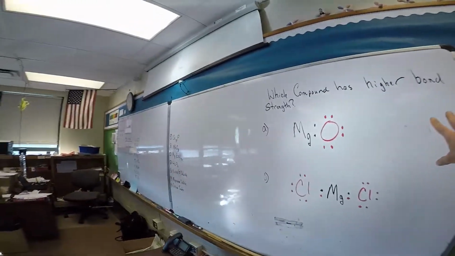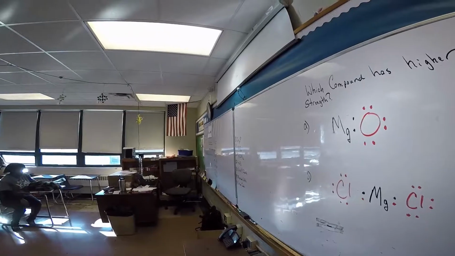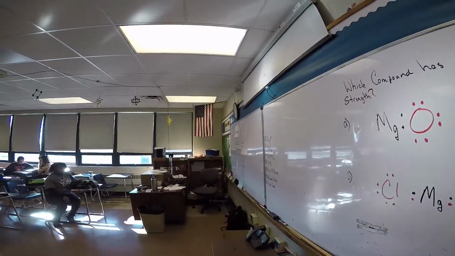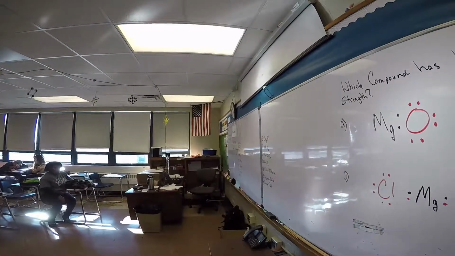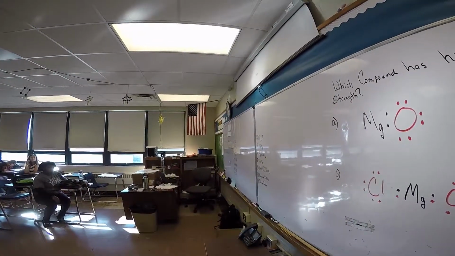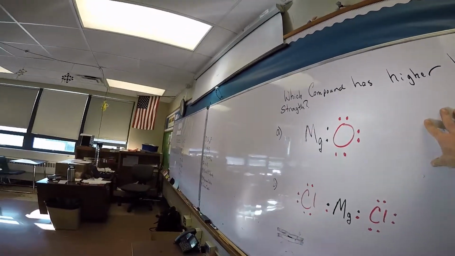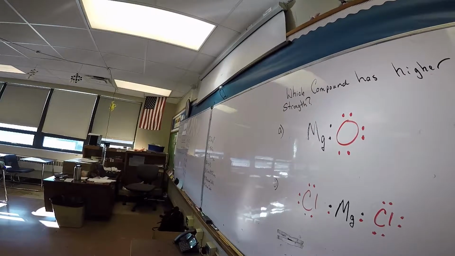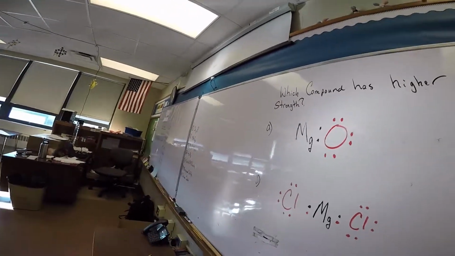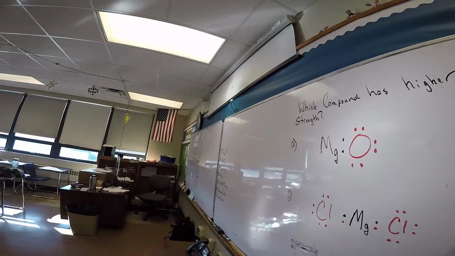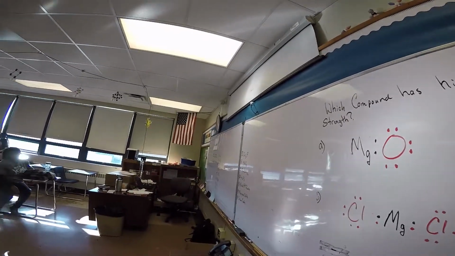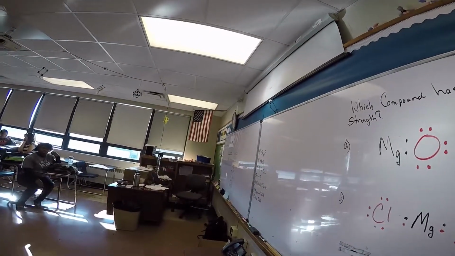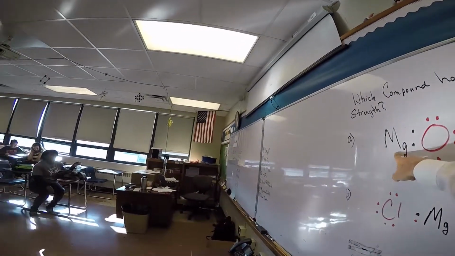Over here, which compound has higher bond strength? MgO or MgCl2? Which one has higher bond strength? This one will get away easier because of the chlorine. The chlorine is very reactive. It wants to move around like we showed you with sodium. What's going to keep it there? A higher charge.